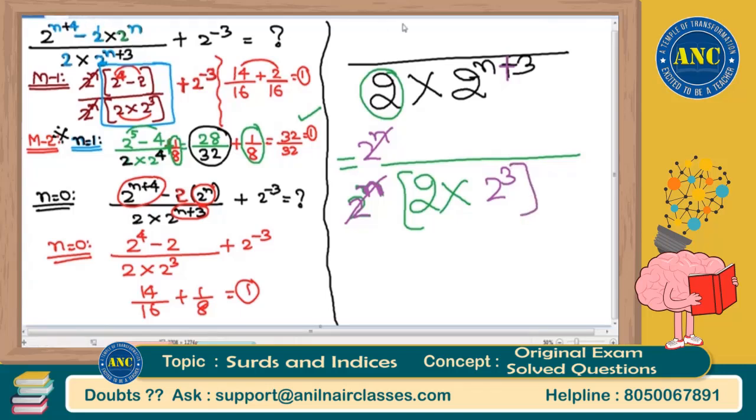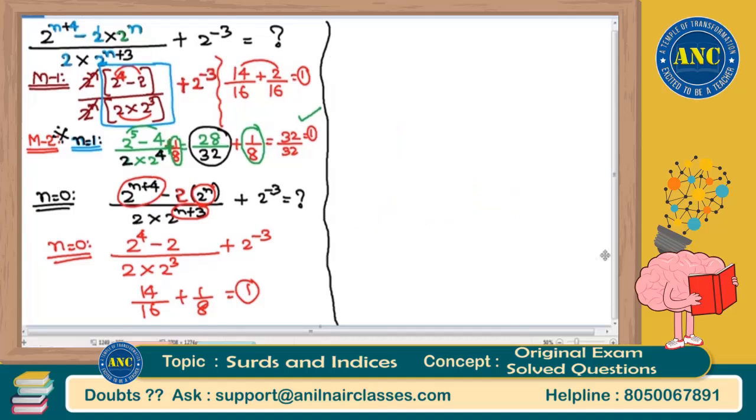Same thing, right, Arvind? Suppose you want to take 2 power n plus 1 common factor. You do it in any method, you will get the same answer. It makes no difference. Numerator I will take 2 power n plus 1 common factor. If I take 2 power n plus 1, I will be left with 2 cube, because 2 power n plus 1 into 2 cube is 2 power n plus 4, minus 2 power 1 into 2 power n is 2 power n plus 1, I already took it outside.